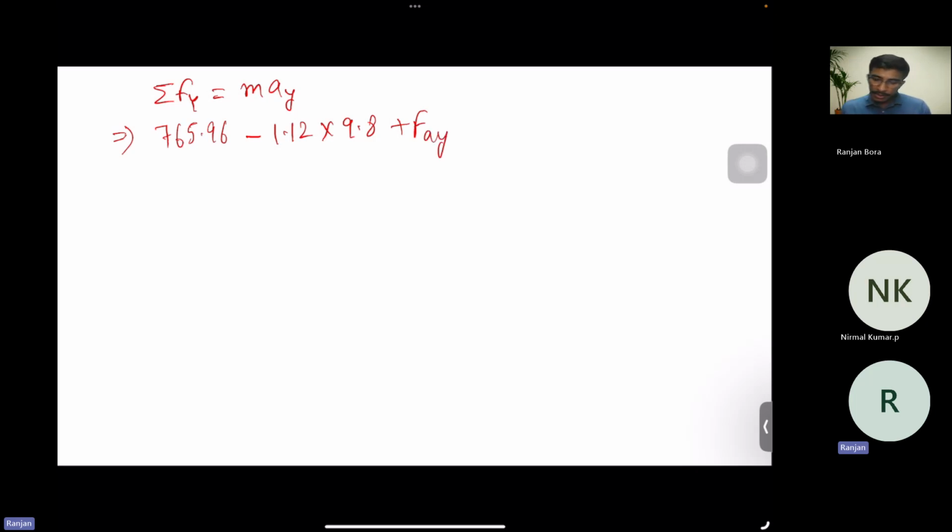There are no other forces, and it will be equal to mass 1.12, acceleration in y direction 1.78.